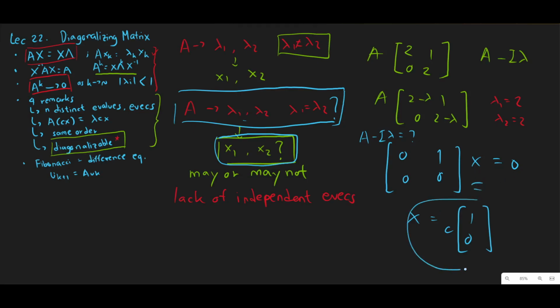So this is in the null space. But we only have this one line for these two eigenvalues. So in this condition, we don't have independent eigenvectors, right? Because we only have one. Actually, you can say that the second eigenvector is also this line. So they're not independent, of course. So in this case, this matrix A is not diagonalizable.